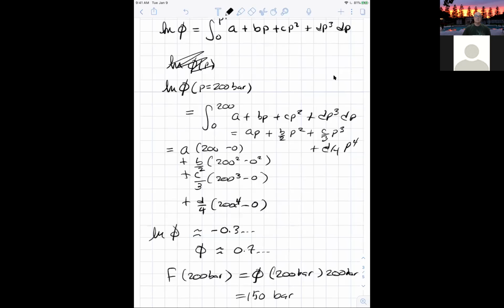Okay, I see. But another way to say this is, if we want to use the ideal gas law to describe this gas at 200 bar, we would have to make the pressure in the ideal gas law 150. And then the other things would work out the way we would expect.